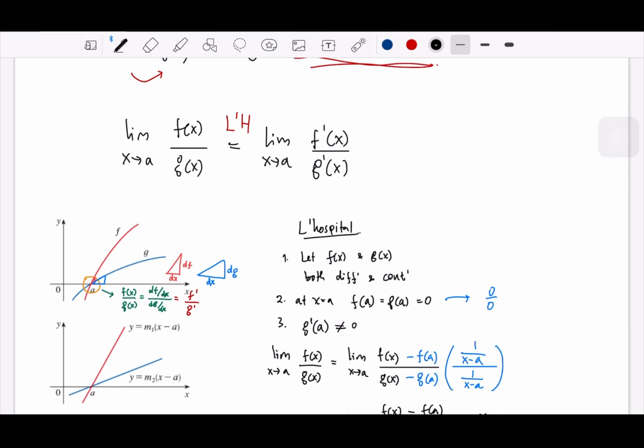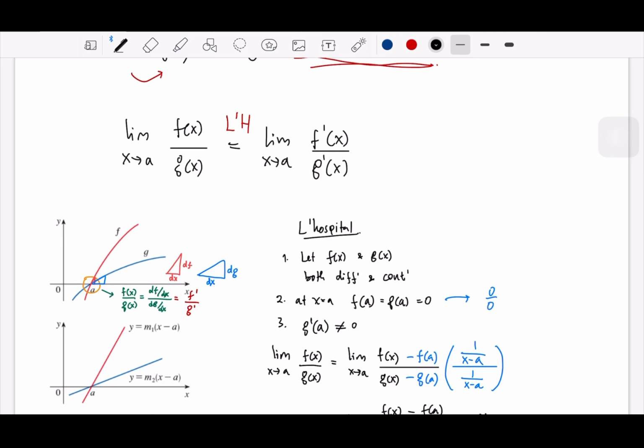And then, how to prove it: if we take the limit of f/g, and we know that f at a and g at a are both 0, so we can add or subtract them, because the result is going to be 0, right?